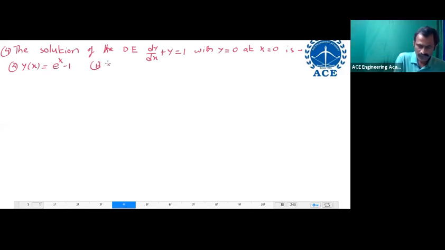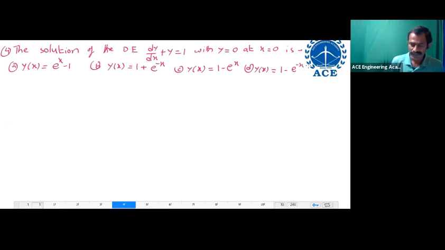Option B, y of x equal to 1 plus e power minus x. Option C, y of x equal to 1 minus e power x. Option D, y of x equal to 1 minus e power minus x.